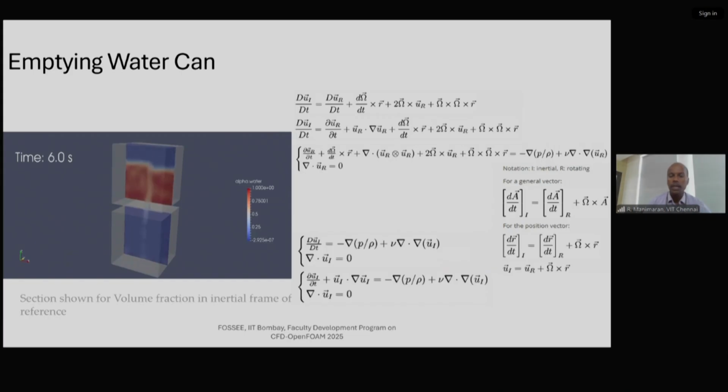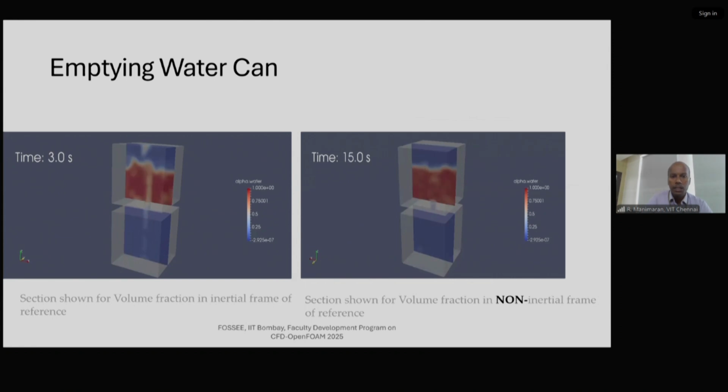The solver is already embedded with the Coriolis component in the MRF solvers, the relative frame of reference solvers, and they are in interFoam also. By simply enabling that, we could understand how the volume fraction changes in a non-inertial frame of reference, which in this case is a rotating frame of reference.